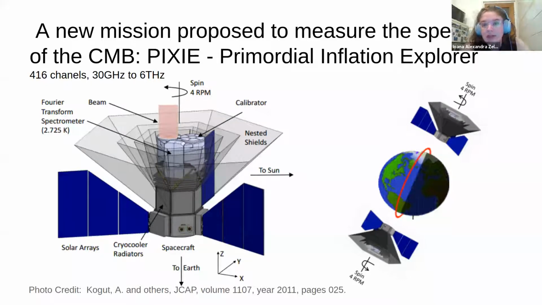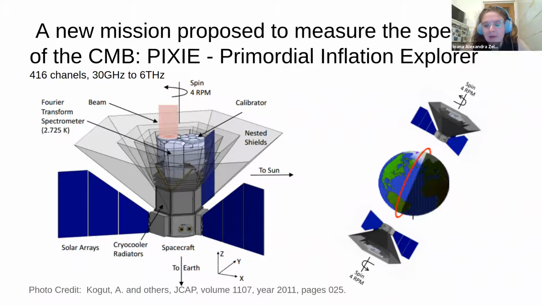So these missions like PIXI, the Primordial Inflation Explorer, are in proposal stage. They have had white papers written about them, and right now they are being proposed for the MIDEX category at NASA.